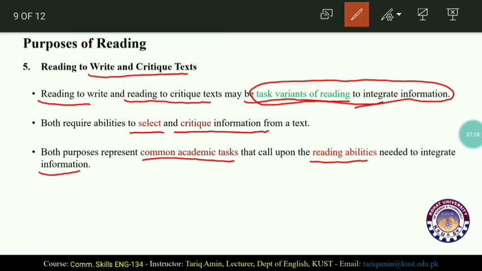When you integrate information, you should be able to select and critique information.